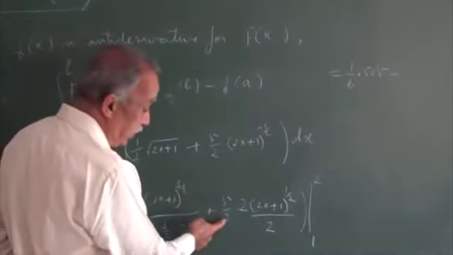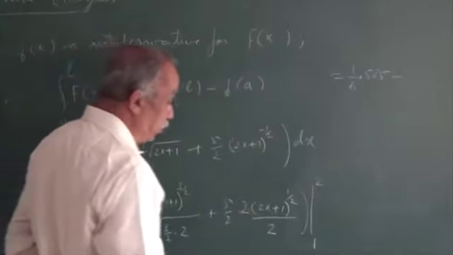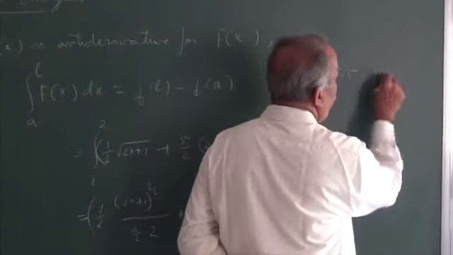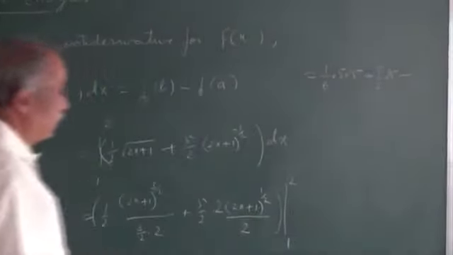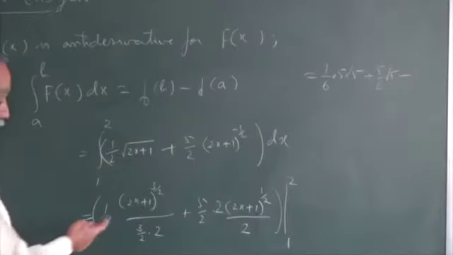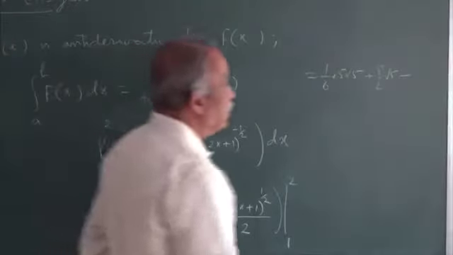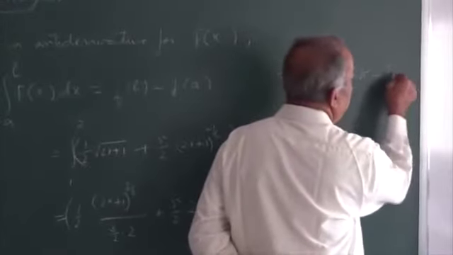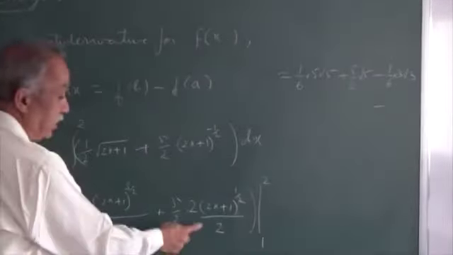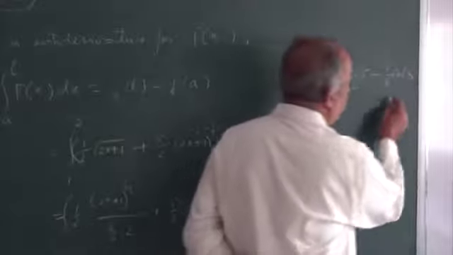The 2 cancels, 5 by 2, 2x plus 1 at 2 is root 5, minus the value at the lower limit x equal to 1. This will be 1 by 6 times 3 root 3. One more term to be subtracted, the value of this at 1, 5 by 2 times root 3.